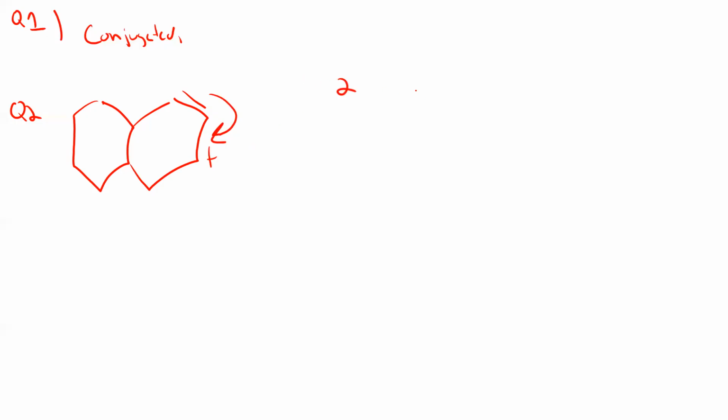Question 2 says draw the curved arrow. We can do this on the same slide here. The first one, I'm not going to draw the other double bonds, but you're going to draw the curved arrow here. And then for step 2, it has a positive here.